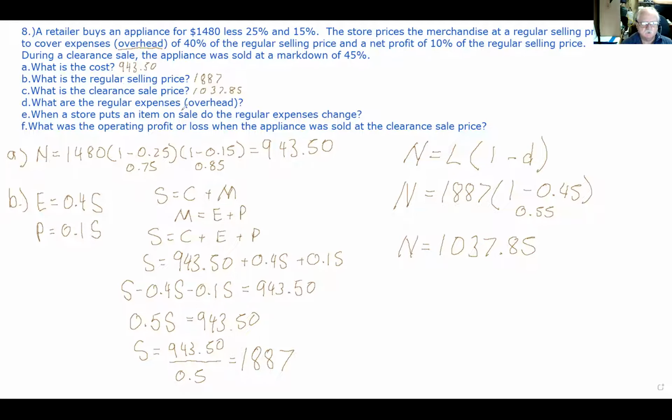Okay, let's go back to here where we had this equation. E equals 0.4 times the regular selling price of 1887. So we can calculate the regular expenses now. 1887 times 0.4 should be 754.80.